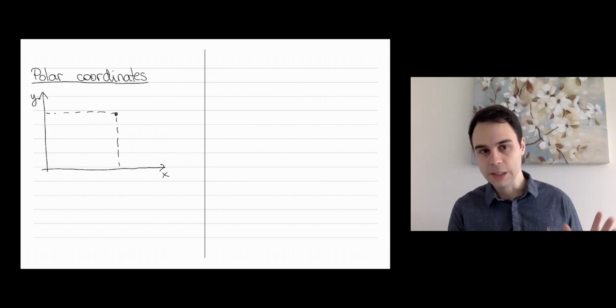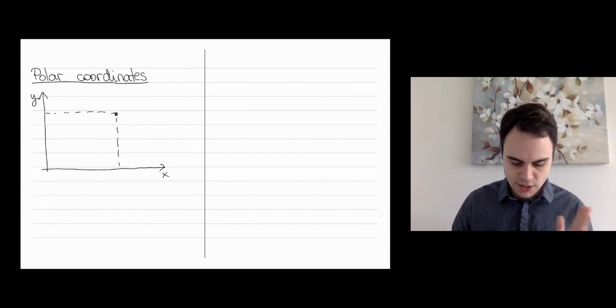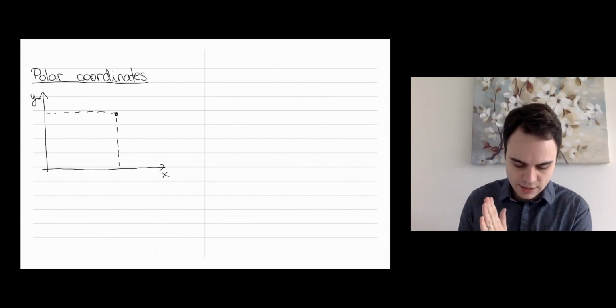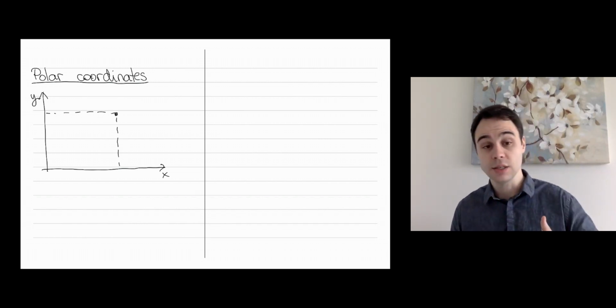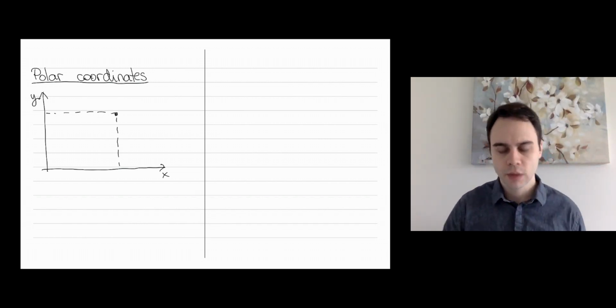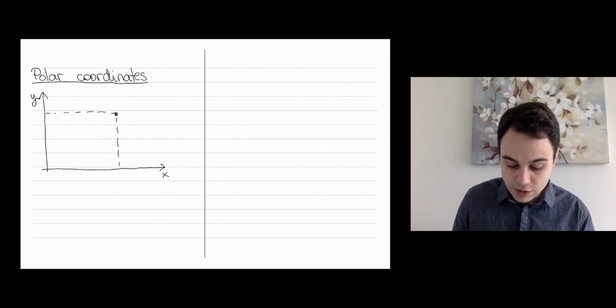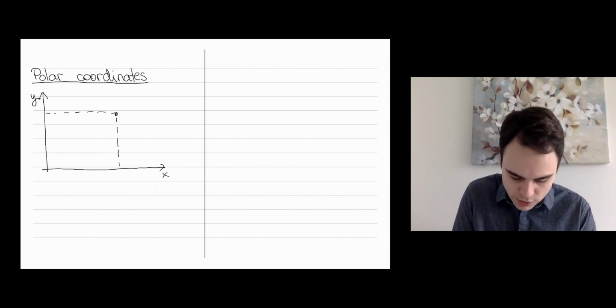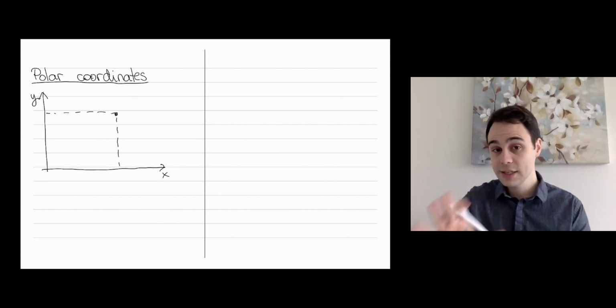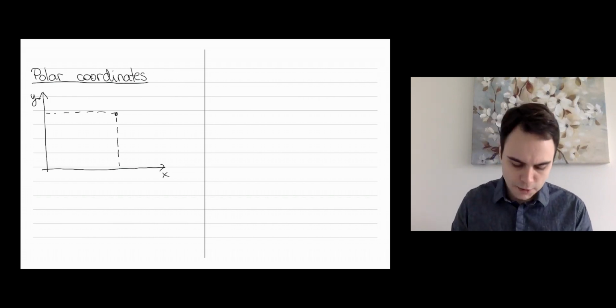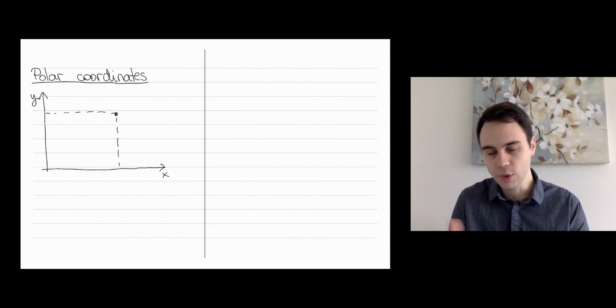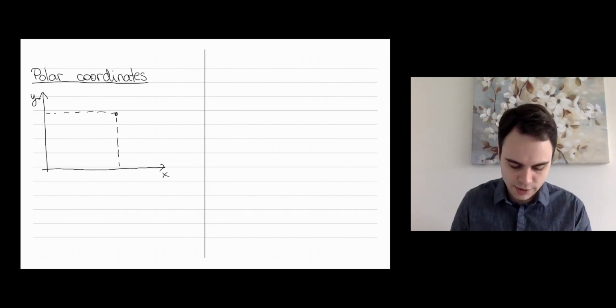The two axes are perpendicular, and then x is the distance from the y-axis, and y is the distance from the x-axis. Now with polar coordinates, we'll be using a different convention. So the axes are still there.